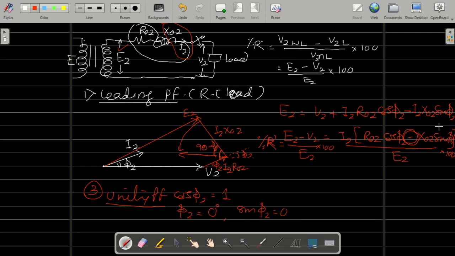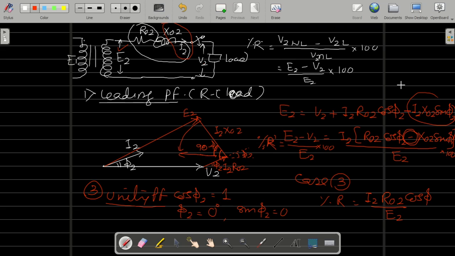So in case of unity power factor load, this term will be 0. So in case 3, the regulation will be only I2 R02 cos phi, which is 1, upon E2. This term will be 0.